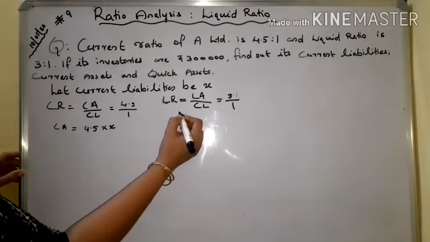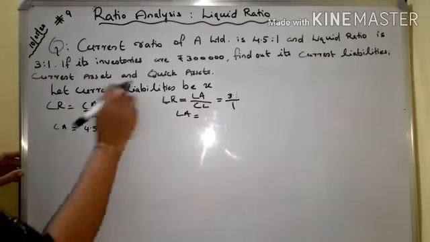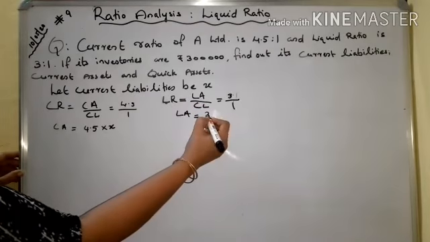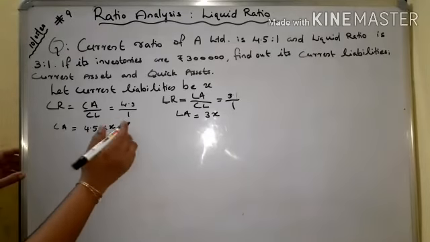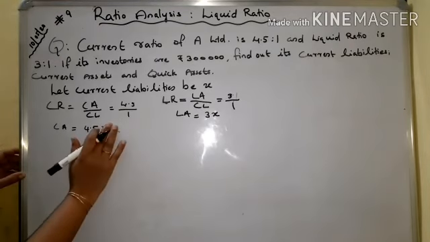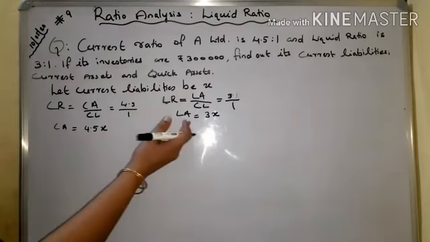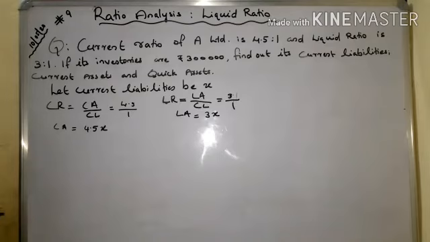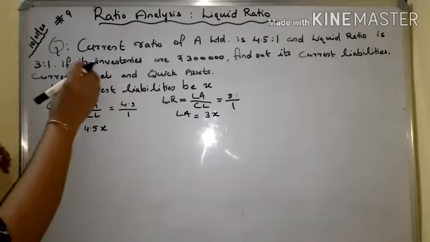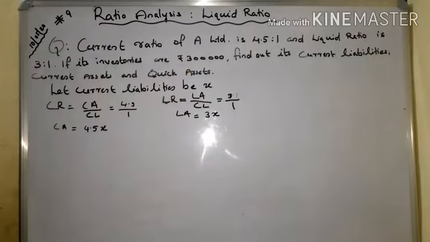Then liquid assets is equal to 3x, since current liabilities is the same X. So current assets is 4.5x and liquid assets is 3x. Then one clue is given in the question, that inventories are rupees 3 lakh.